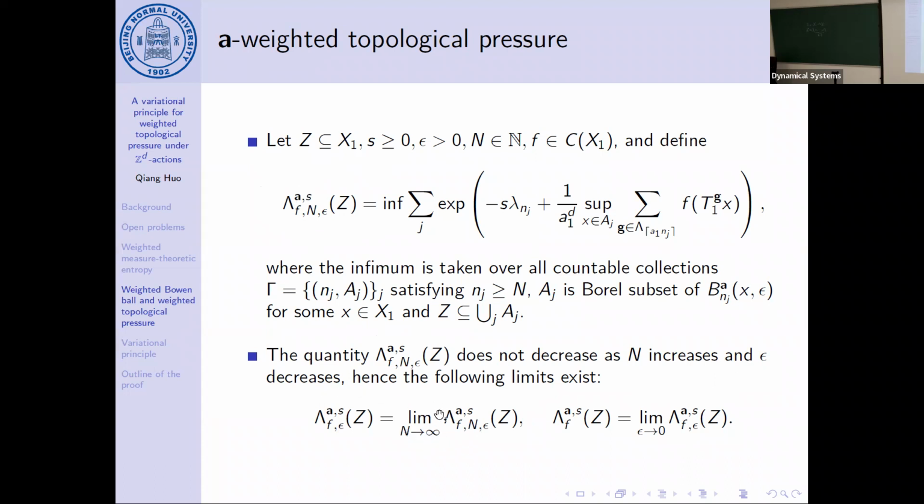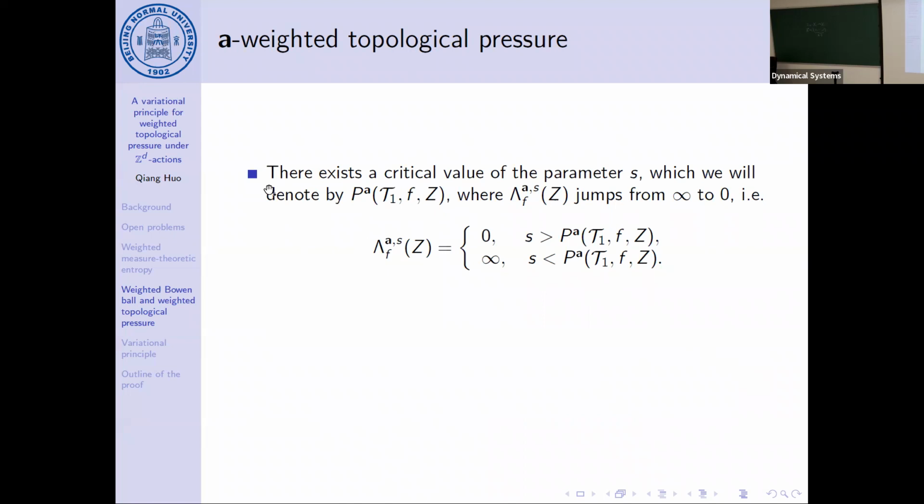So if we first take the limit over N and then take the limit as epsilon tends to 0, the following limits exist, since they are monotone over N and epsilon.